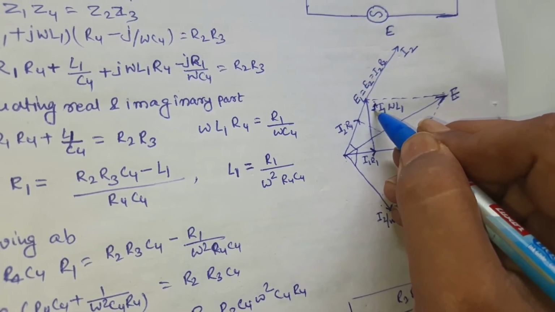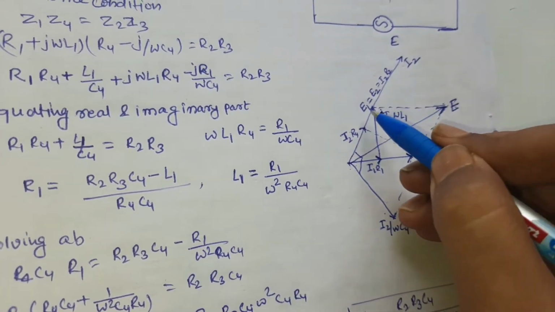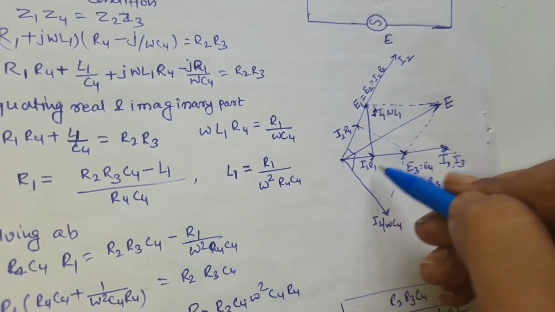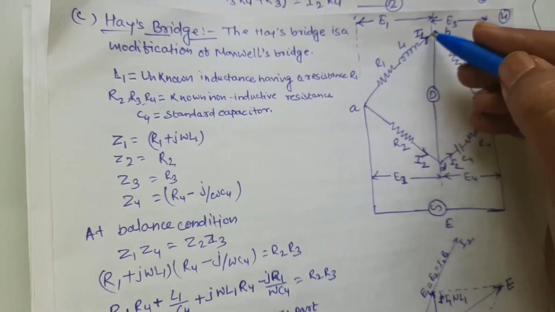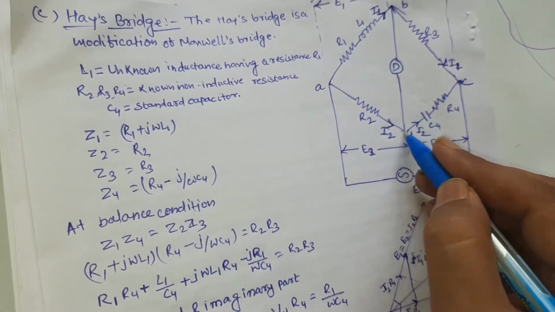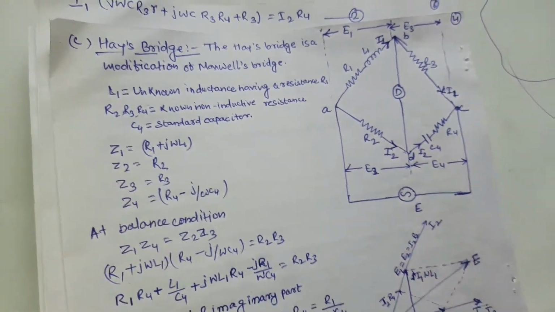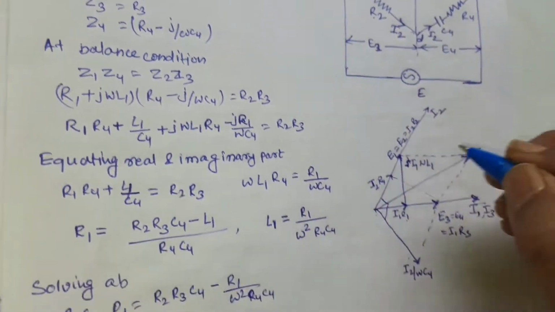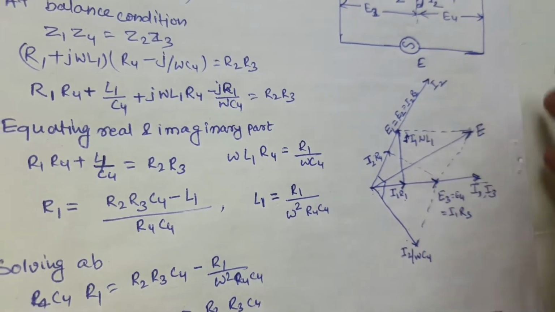If you multiply by the j operator, it leads by 90 degrees. So the total voltage E1 is equal to I1 into R1 plus j omega L1, that is E1. For the balance condition, voltage E1 is equal to E2, because at balance condition there is no current flow through the detector. As you know, E2 is equal to I2 into R2, so I2 R2 is also in the same phase as E2. So this is the current I2.